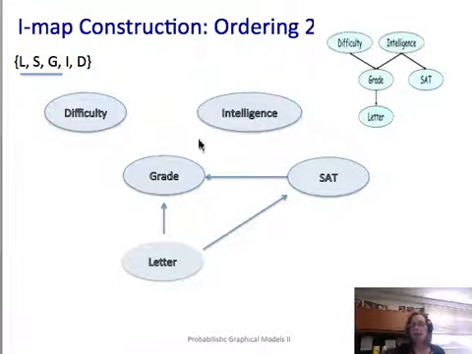They are related, most certainly. And what about letter? Well, letter, certainly we have this relationship here where intelligence gives grade, which gives letter, and that is important. But since we have this flow of information already embedded in the graph, we don't need that redundant edge.